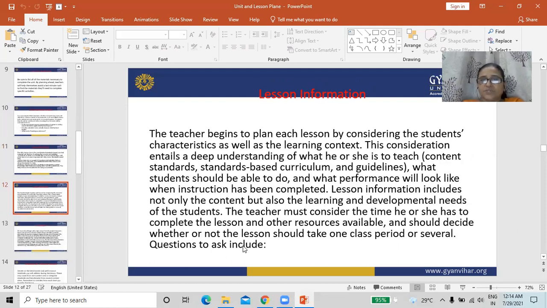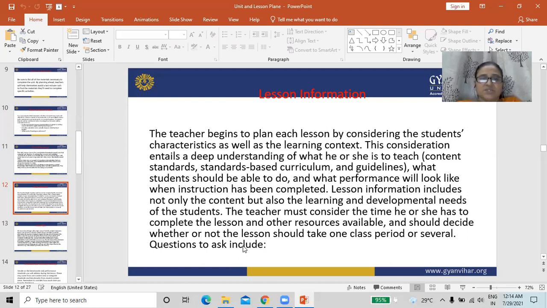Lesson introduction. The teacher begins to plan each lesson by considering the student characteristics as well as the learning content.